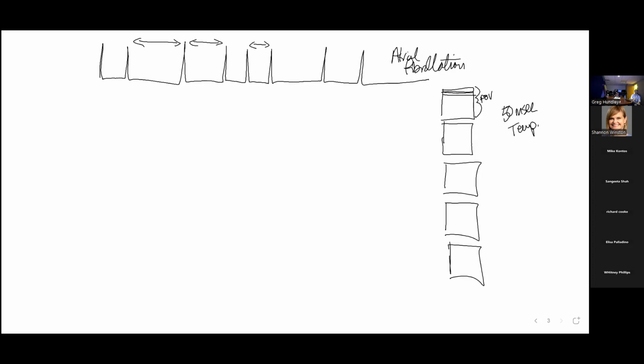Excellent. What's interesting there is that this T wave is going to stay pretty constant. So this interval of time, systole, stays relatively constant. What changes is the duration of diastole.